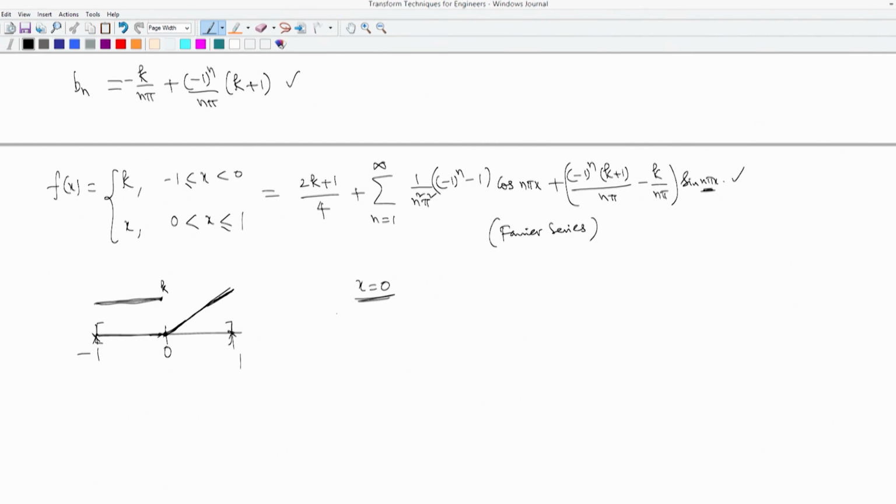We will prove this as a theorem maybe in the next video. When you put x equal to 0, f at 0 minus is actually k, f at 0 plus is anyway 0. So, the average value, f of 0 plus f of 0 minus divided by 2, is k by 2. This is the value to which the Fourier series converges when you put x equal to 0.